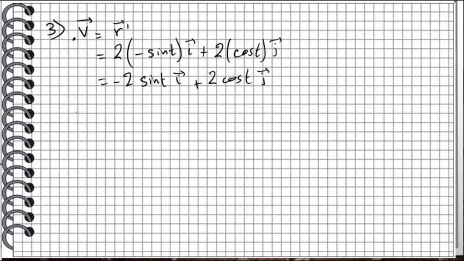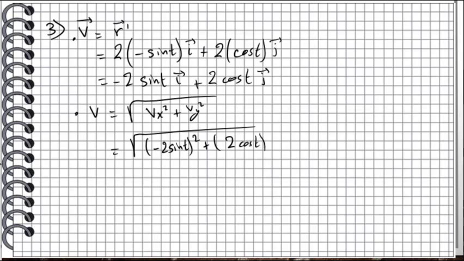And he asked me about its algebraic value. V equals the radical of v_x square plus v_y square, big radical, the square of minus 2 sine t all square plus 2 cosine t all square, equal to radical of 4 sine square t plus 4 cosine square t.